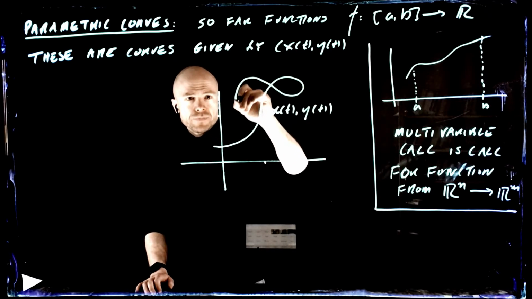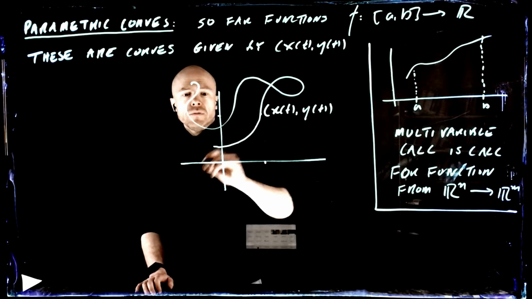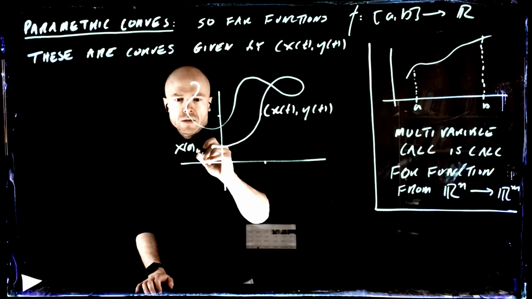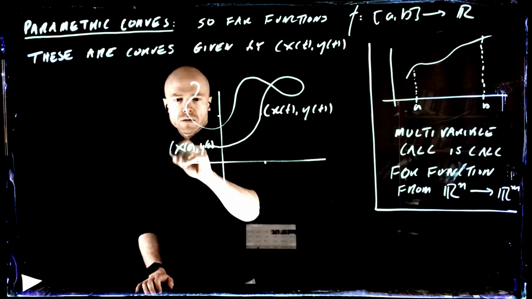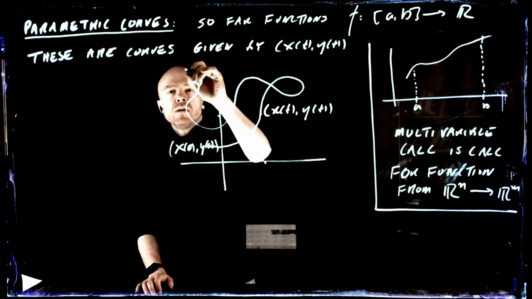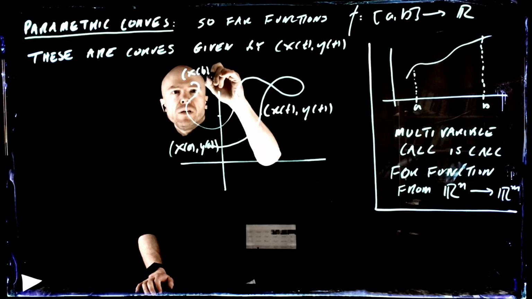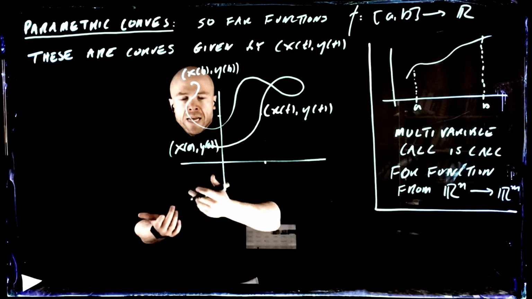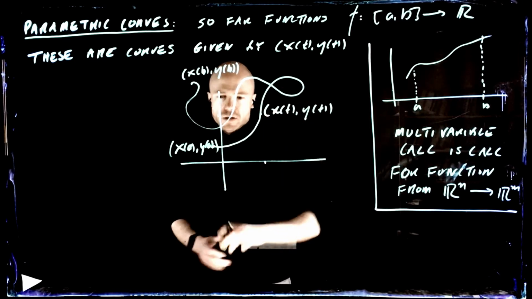Maybe like this. Yeah? Maybe we start here at some start point, x of a, y of a, and we end up here at some endpoint, x of b, y of b. And for every t between a and b, it's some point along this curve.